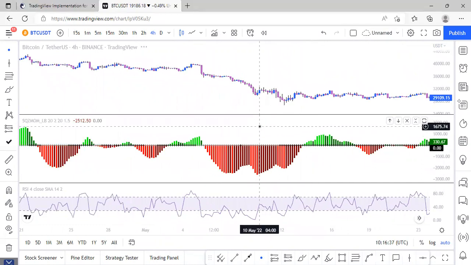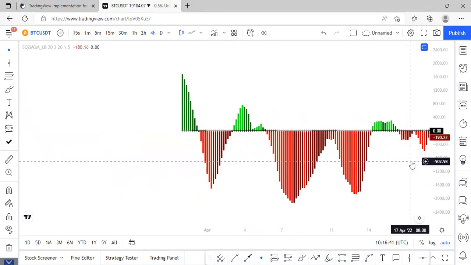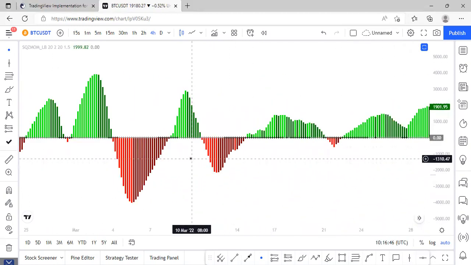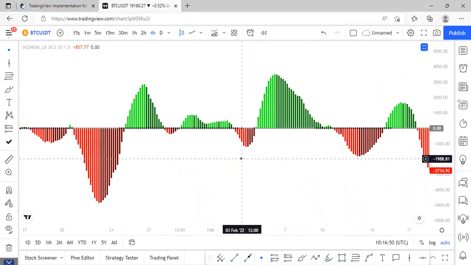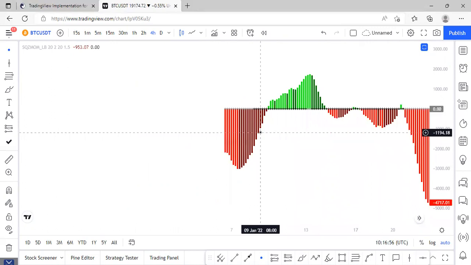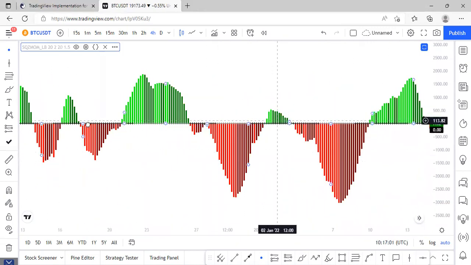Okay, let me show you more examples. When you have less or no histogram, it means the market is ranging. Something like this, there was no clear volume or clear momentum in the market.